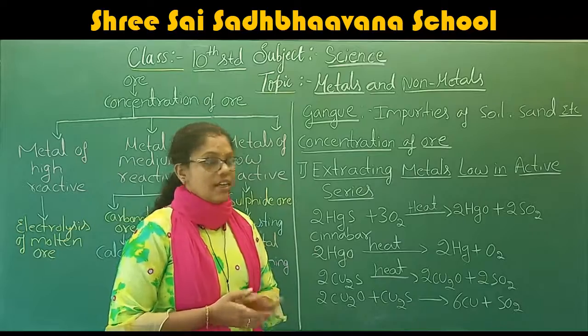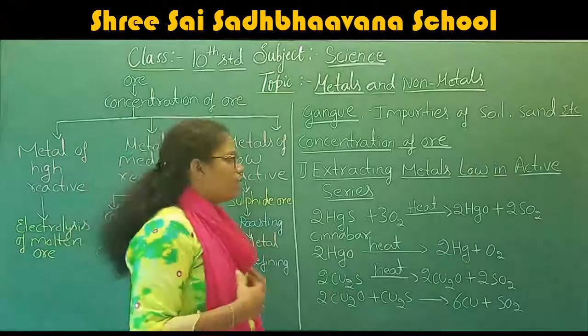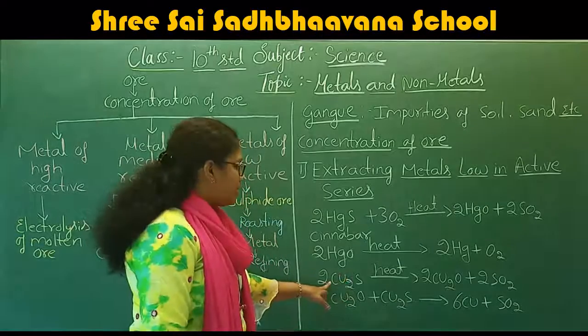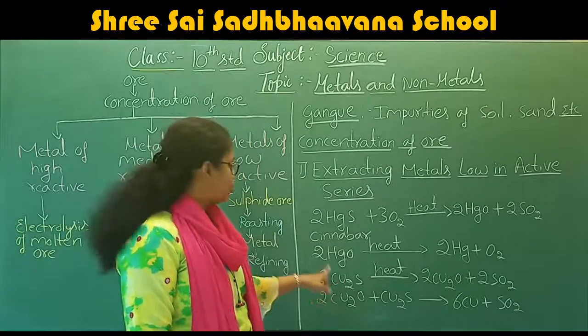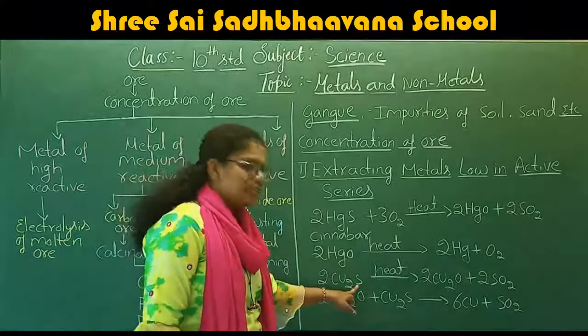Understood the concept? Another example, I am taking another metal in the low reactive series. The next example is copper. Here also it is in the form of sulfide ore, therefore copper sulfide.